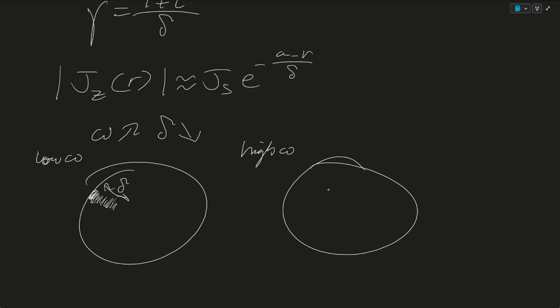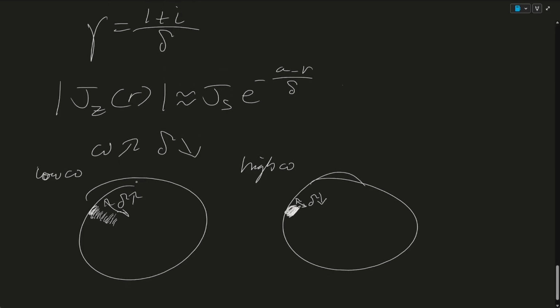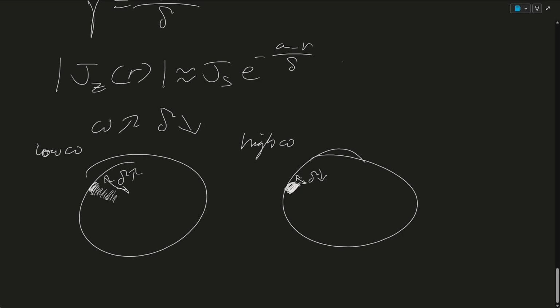Whereas on this one it might be like that. So delta's much lower. That's delta high, sorry. But the current is a lot more concise and closely packed together, which is interesting.